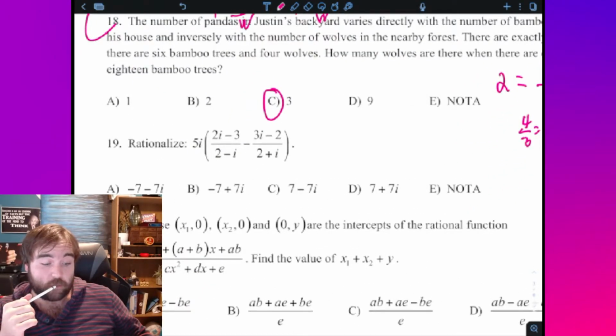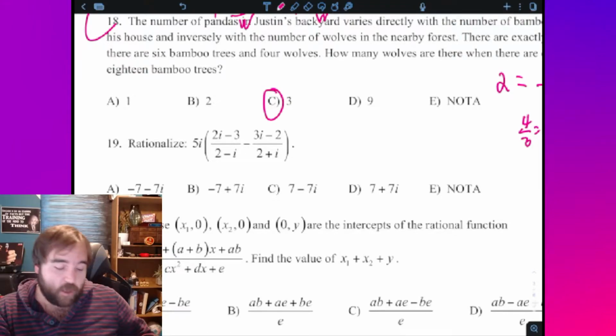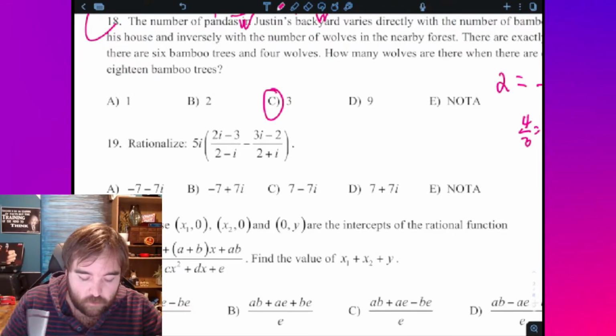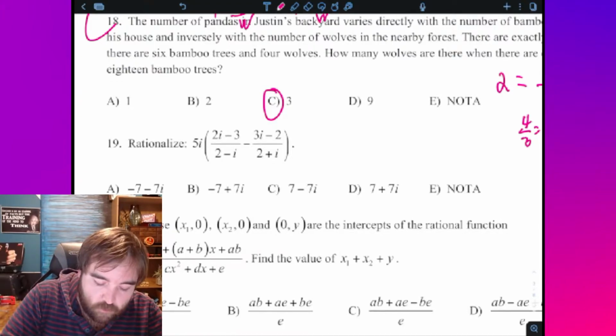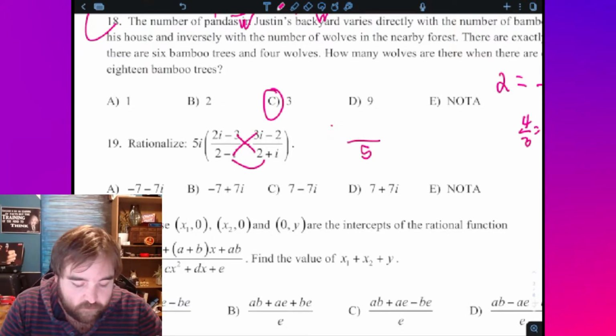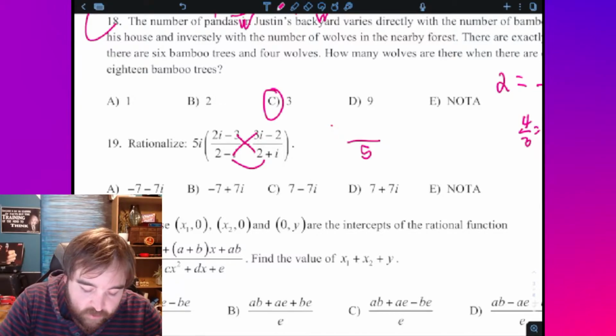Rationalize. So get the i out of the denominator. Well, that's not too bad. Because if I just multiply those together, and then multiply the bottoms, then the bottoms is just going to be 5. And then I have to do that out on the top.